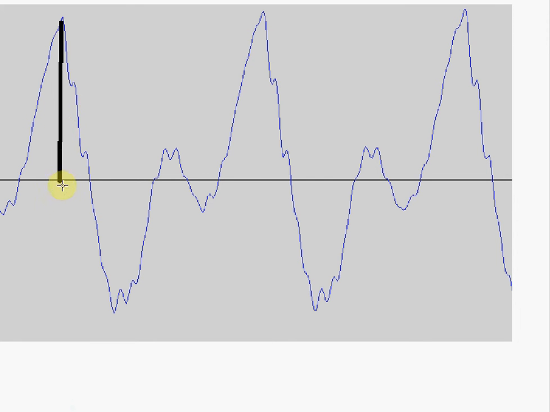Amplitude is not identical to, but it is very much related to concepts of quietness and loudness.